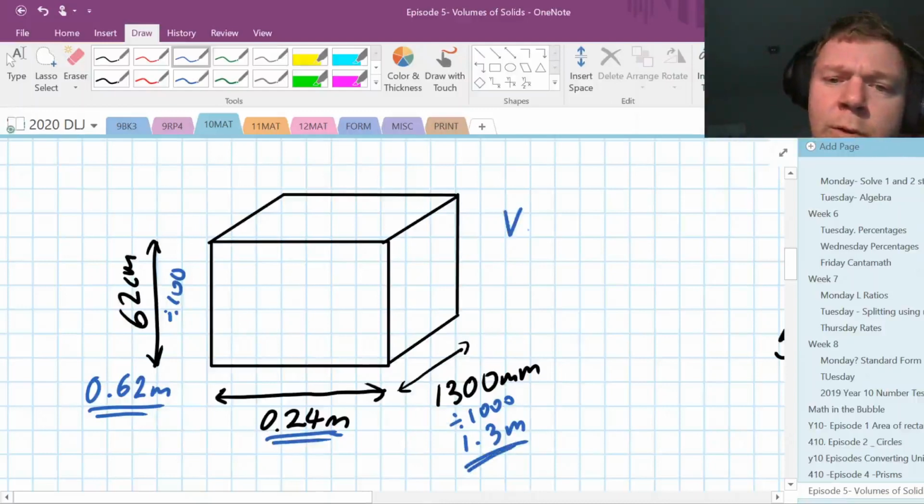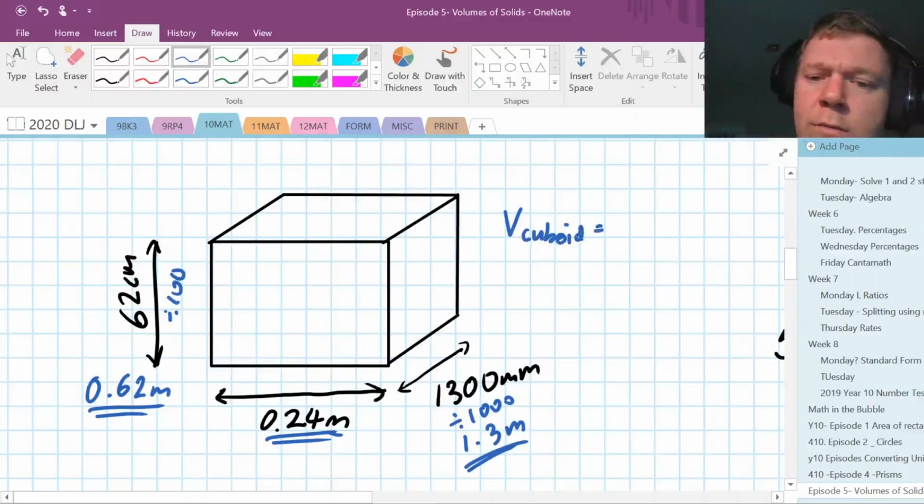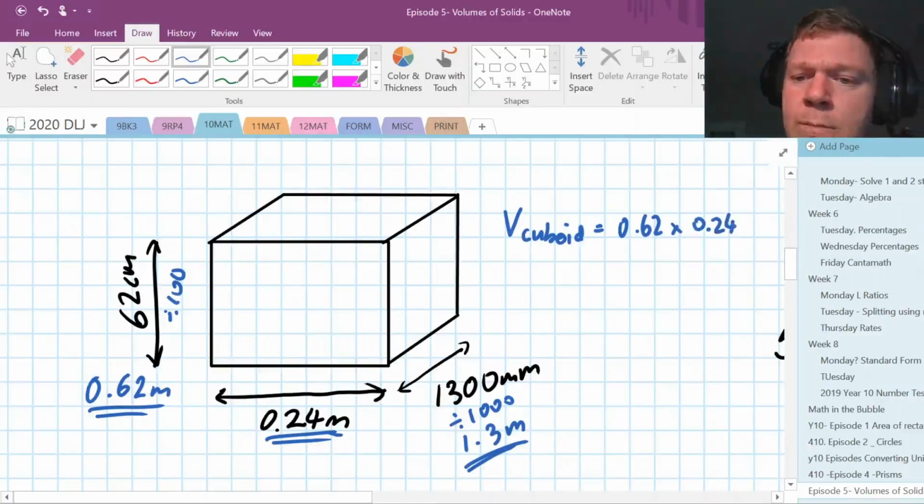So the volume of the cuboid is 0.62 times 0.24 times 1.3.